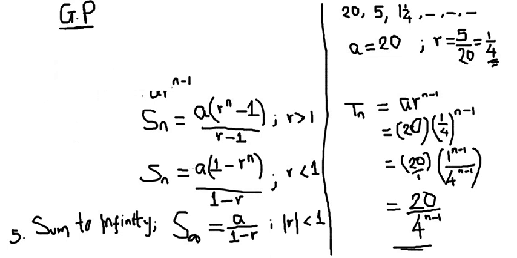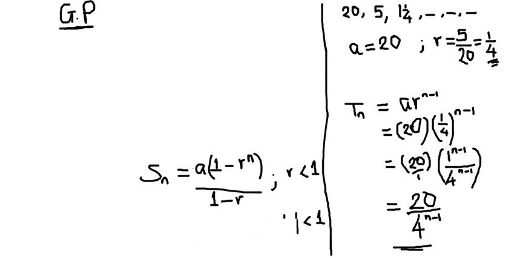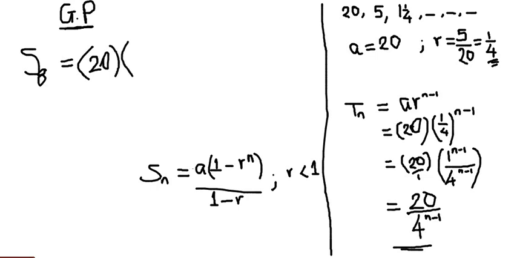So since our R is 1 over 4, or 0.25, which means R is less than 1, we are going to use the formula for R less than 1, which means the sum of the first 8 terms will be equal to A, our first term, which is 20, times, in brackets, 1 minus R, where R is 1 over 4 or 0.25, to the power 8.